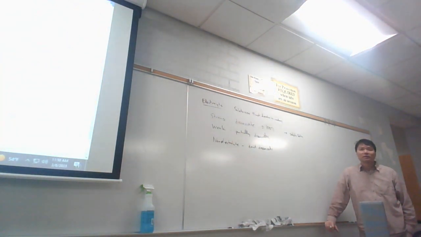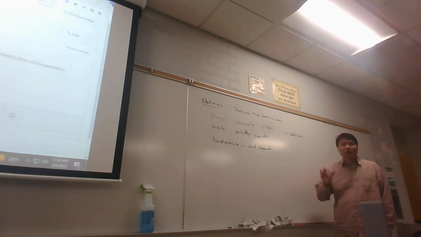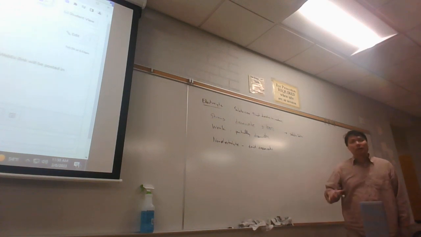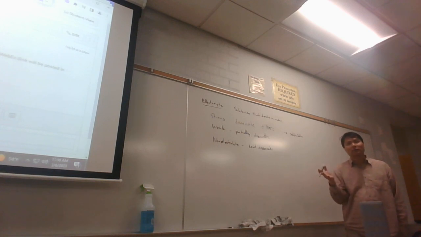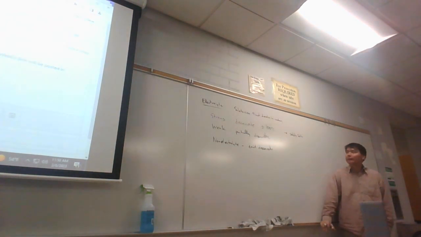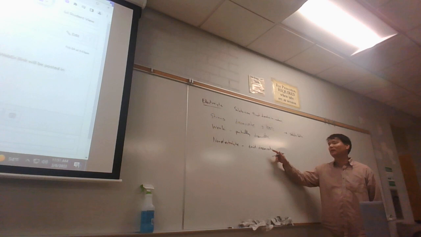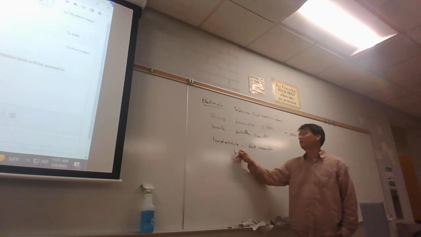But there are other compounds. They're kind of ionic, but kind of molecular, so we term them polar covalent compounds. Sugars dissolve, but they don't dissociate, so sugars would be non-electrolytes, like water.